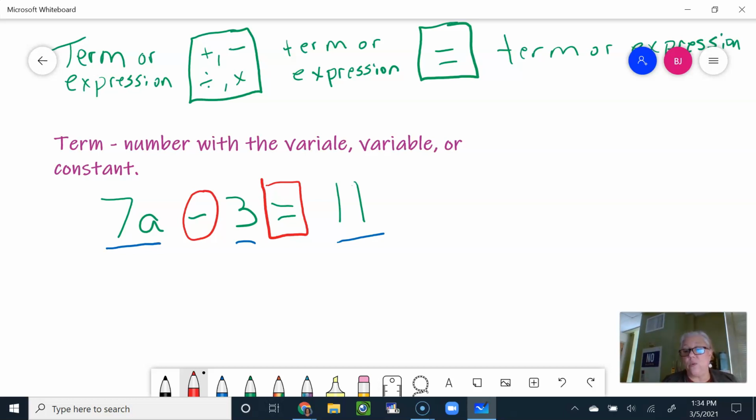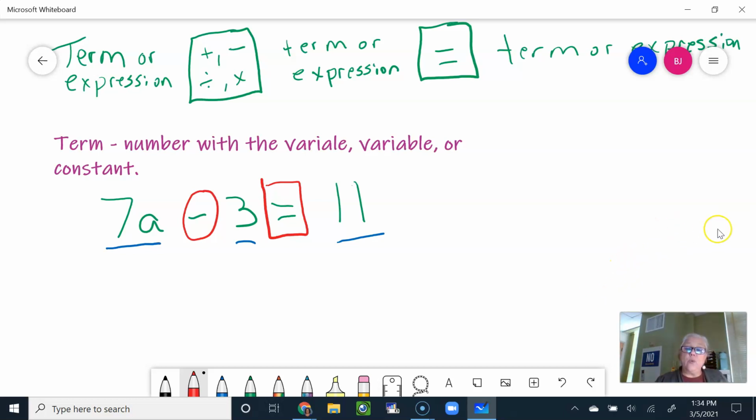So don't forget that, okay? We're just looking at this and saying this is a term. And how could we work out this term? Well, we'll get into that later. But this is what an equation would look like.